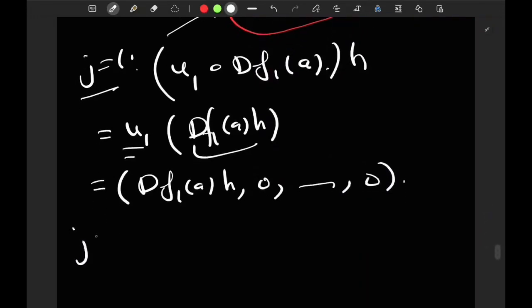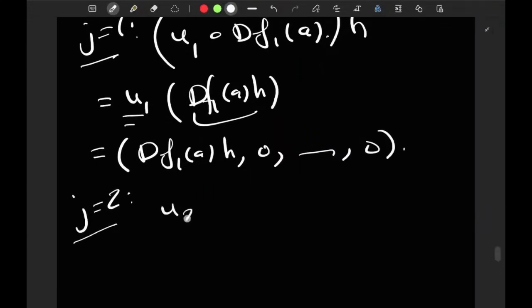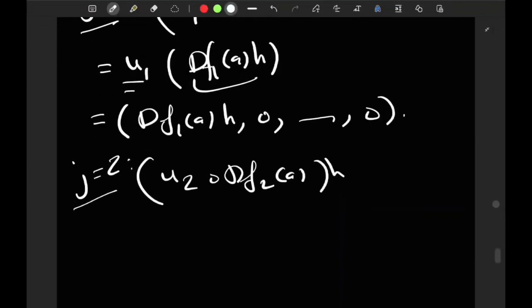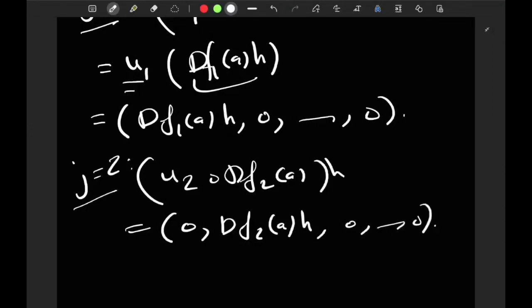For j equal 2, the same story. So u2 composed with df2 at a applied to h is just 0, df2 at a h, and zeros all the way.